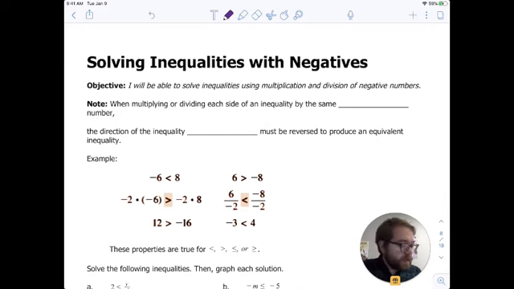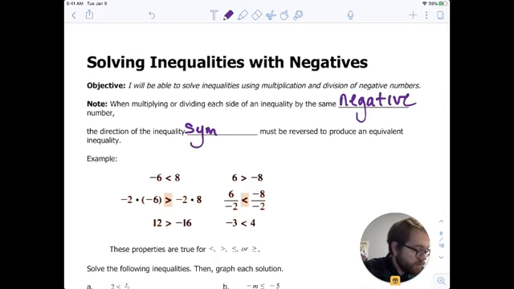The note says, when multiplying or dividing each side of an inequality by the same negative number, the direction of the inequality symbol must be reversed to produce an equivalent inequality.